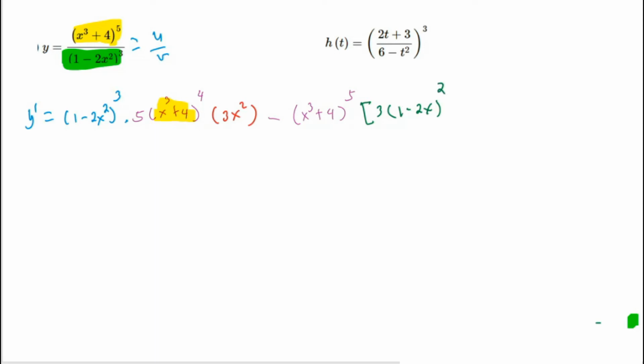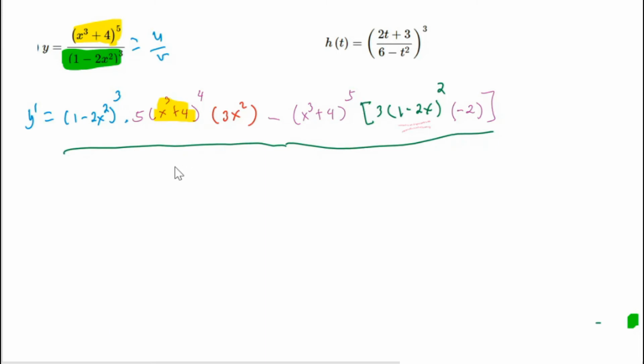Then after that, we are going to take the derivative of this base. The base now we have is 1 minus 2x. The derivative of 1 is 0, and the derivative of negative 2x is just negative 2. So we are now complete in our numerator. This is now v du minus u dv all over the square of v.